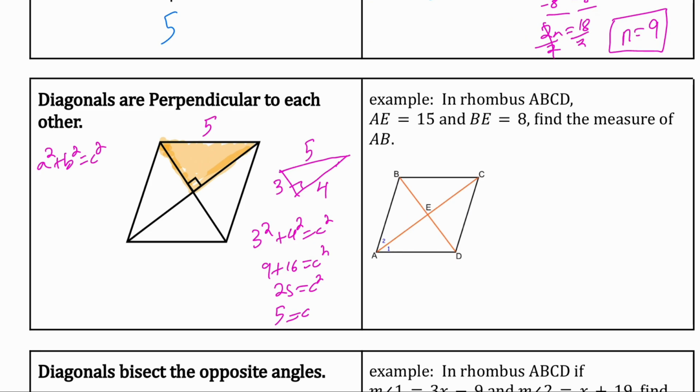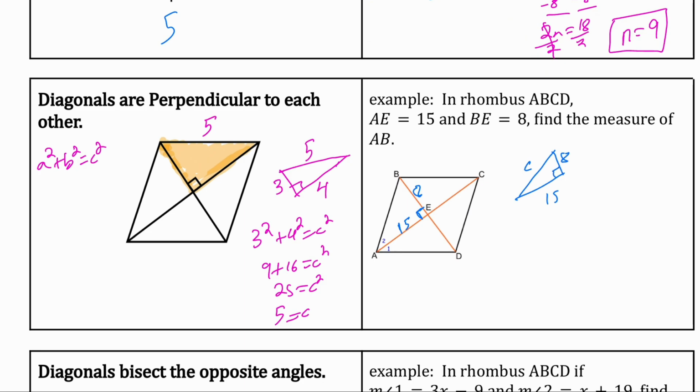So, a quick example of this in rhombus ABCD. We have AE, which is 15, so this line segment right here is 15. BE is 8, this one is 8, and our job is to find the measure of AB. Now, we know that this is a right triangle because diagonals in a rhombus are perpendicular. So really what we're dealing with is just a right triangle where a side is 8, a side is 15, and we're trying to find that unknown side, that hypotenuse or c.